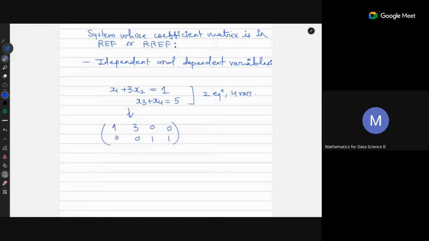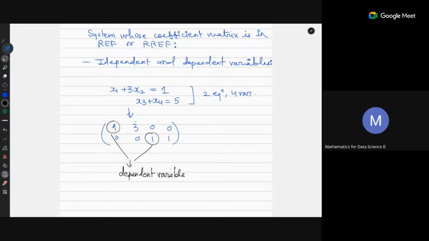Now, how do I obtain the solution of this? So the leading entries of the matrix, if it is in RREF form, the variables at these leading entries are called the dependent variables.